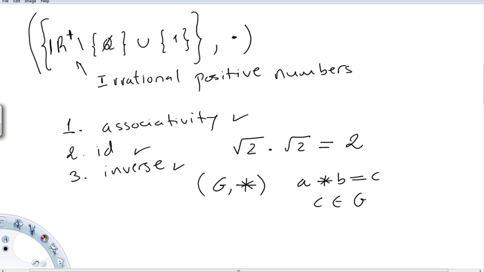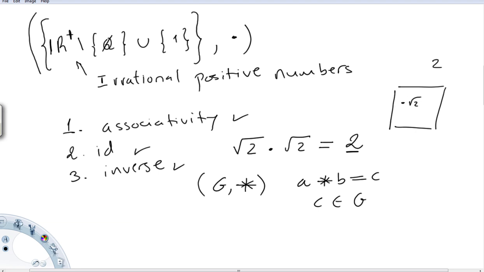That's the case here. The 3 axioms all work, but the set is not closed for the operation. You get 2 elements, you perform the operation, and you get an element that is not in the set.